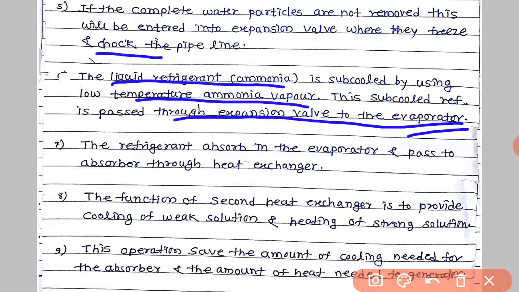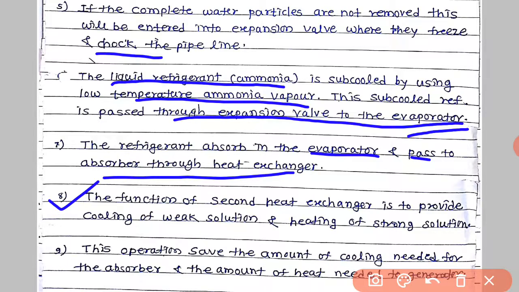In the absorber, the weak ammonia solution enters through the heat exchanger, and vapors enter the absorber. Strong aqua ammonia solution gets formed, and it is pumped up to the generator. In the generator, heating of the strong aqua ammonia solution takes place, and the process continues. This point is covered already.